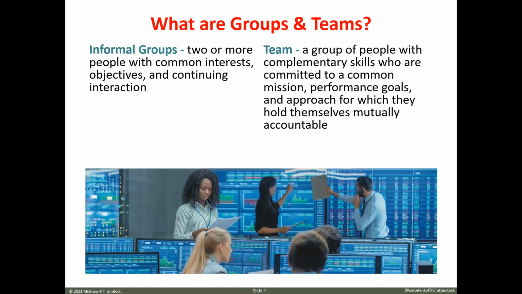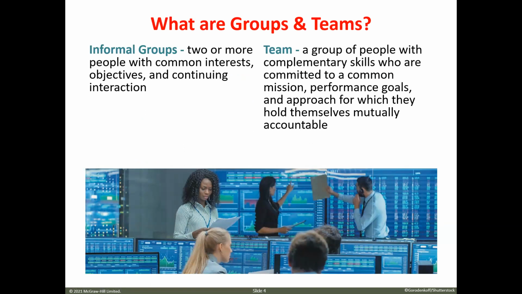We need to keep 2 words in our mind. Number 1, groups versus teams. Sometimes we call it informal groups when 2 or more people get together and shape a form of collaboration. This is also common in companies. However, when we talk about a team, this is in fact a group of people with more business-oriented goals.